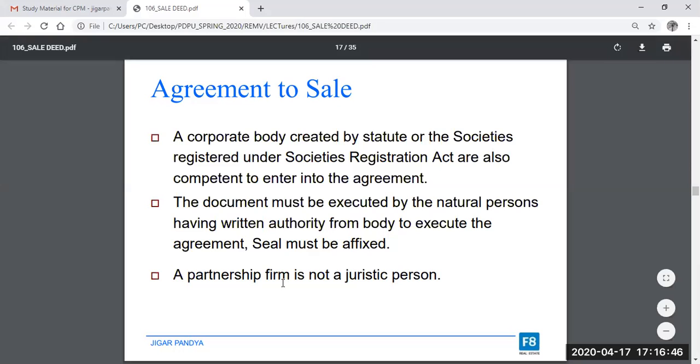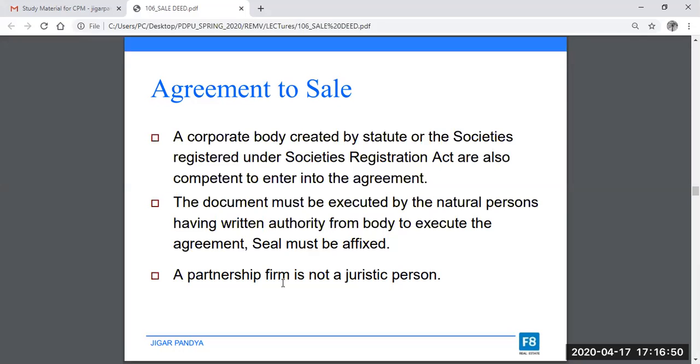So if a partnership firm has three partners, it means that it's a joint property owned by three people, and all their names should be reflected when the deal is being done. The partnership firm cannot be named because it is not a juristic person and it's not allowed. Otherwise, the same deed would be void.